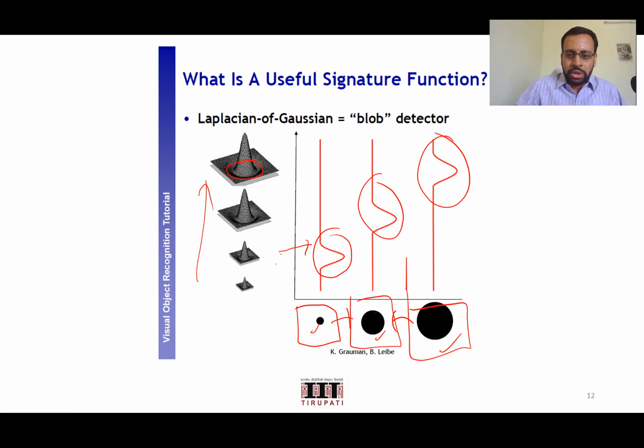As the object size is increasing, at higher values of sigma you would get that function to have a peak. Again, we are not going to repeat the concepts that we discussed about the desirable properties of how this function should behave. In fact, Laplacian of Gaussian nicely satisfies to a large extent all those properties.